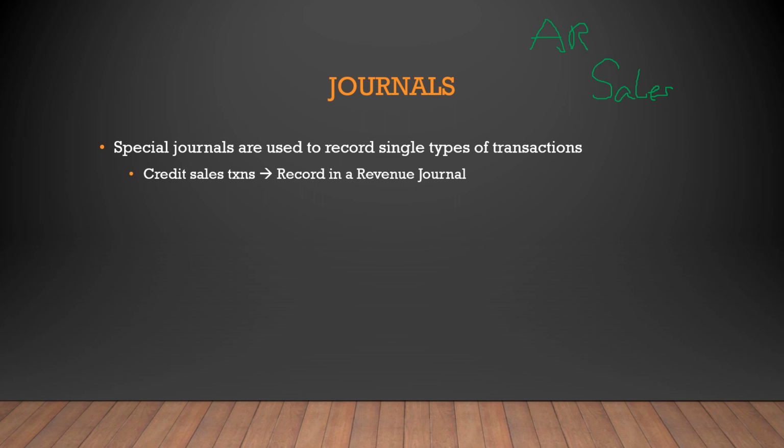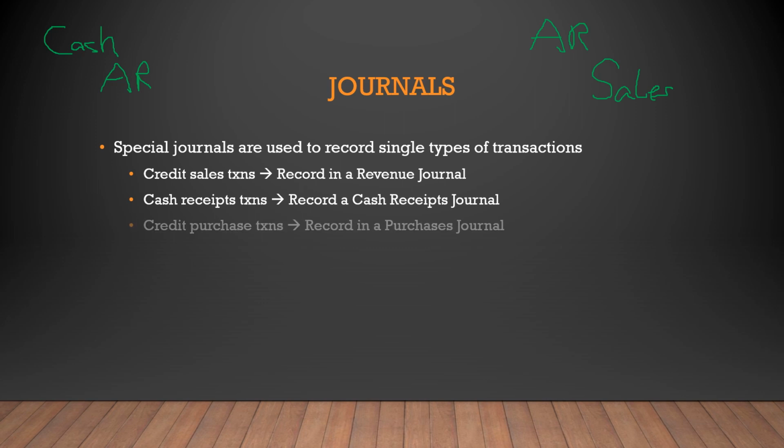Receiving cash is another common and repetitious journal entry. We debit cash and credit accounts receivable. These transactions will be recorded in a cash receipts journal. On the flip side, we'll have special journals for credit purchases and cash payments.